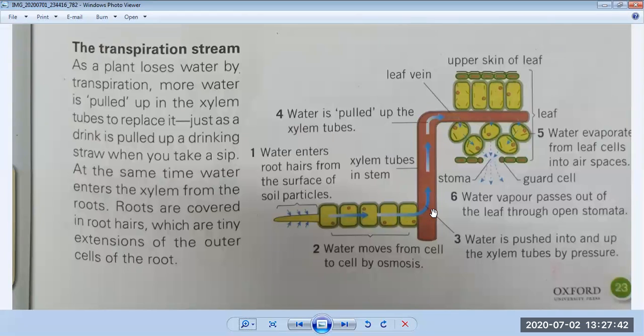Then come to number 3. Water is pushed up by the xylem tubes by pressure.